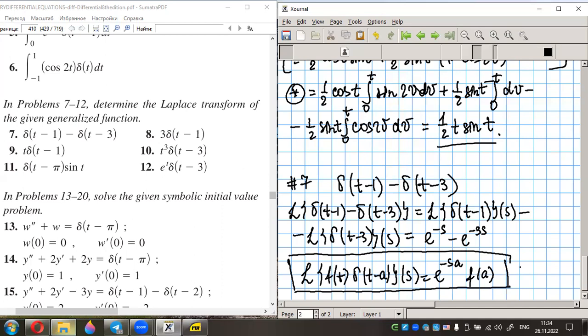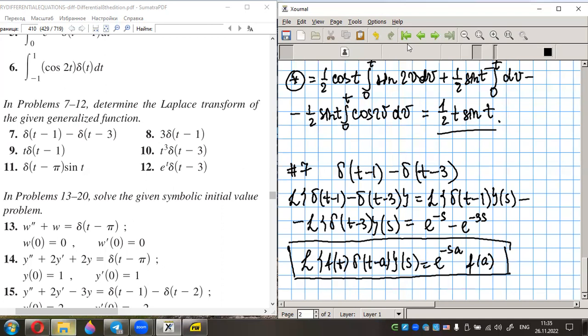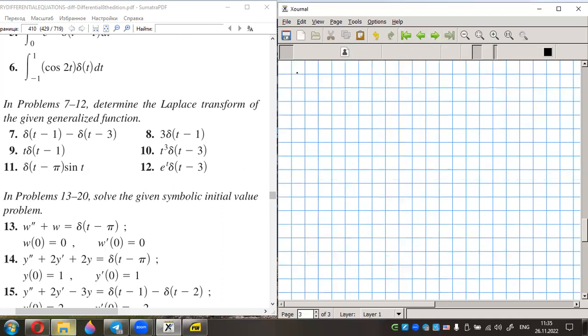Okay, and next one. Will we also solve a system of equations with delta? Yes, of course. Let me show you another problem first. For example, problem 19, and then I will show you the system.